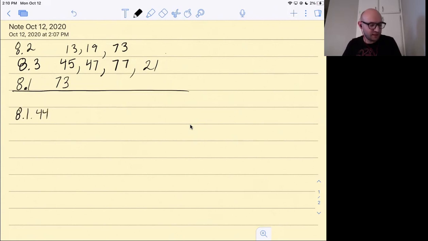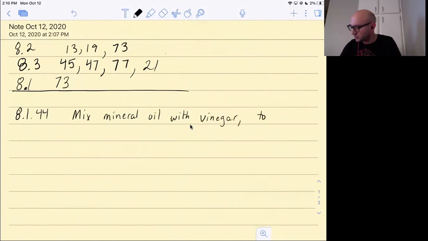It says a non-toxic polish. We want to mix mineral oil with vinegar to make a 16-ounce batch.